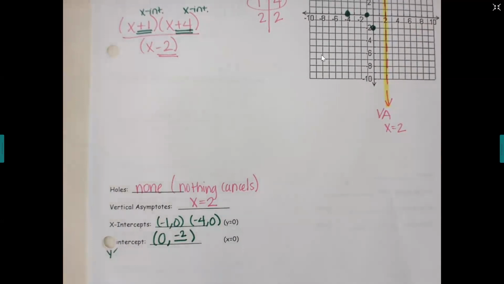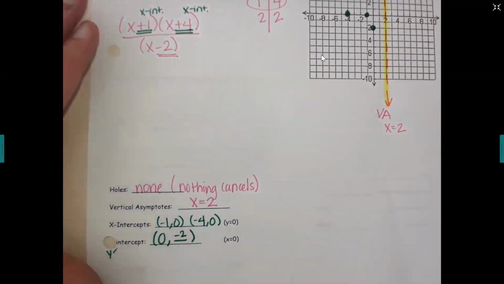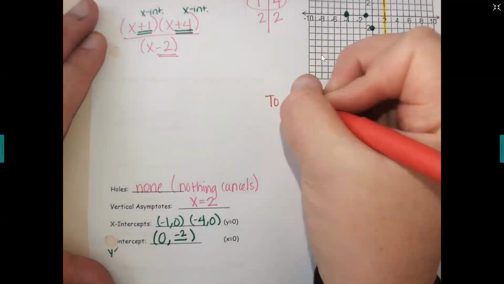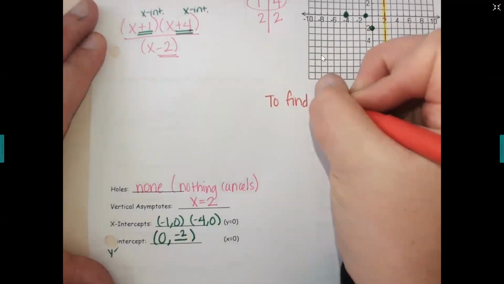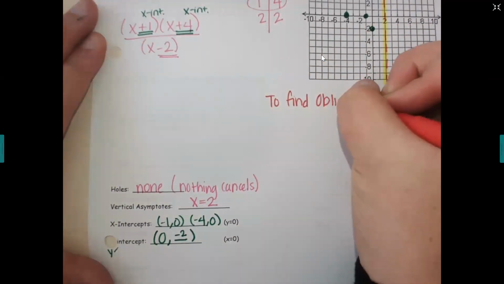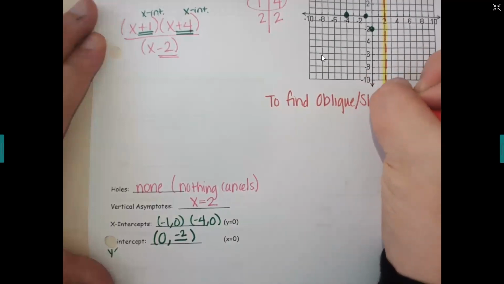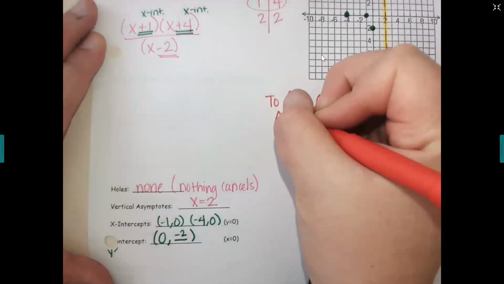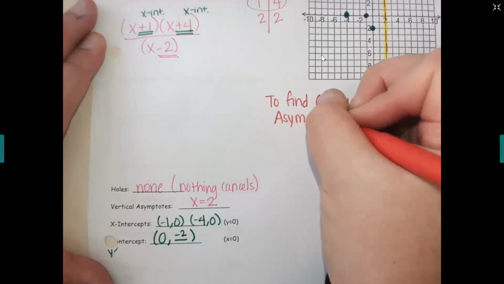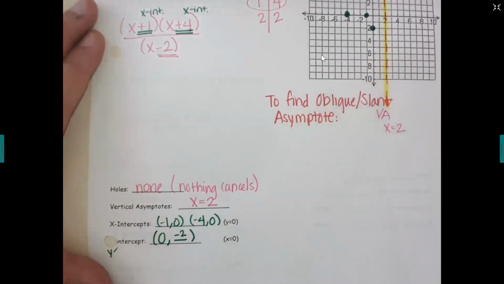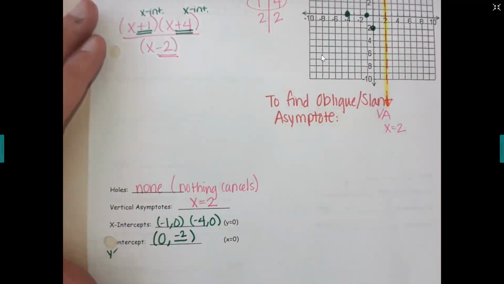Okay, so the only new thing we're adding is how to find the slant asymptote. Finding slant asymptotes isn't really hard, but you have to do division. So put over here to the side: to find the oblique or slant asymptote, you're gonna do whatever's on the top divided by whatever's on the bottom.